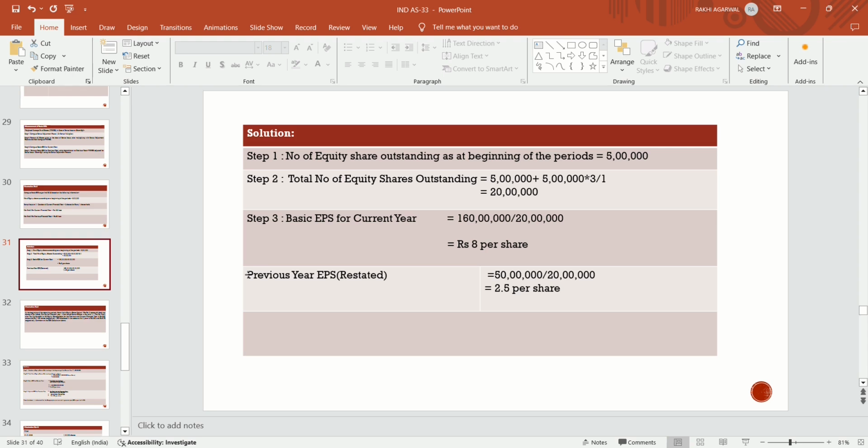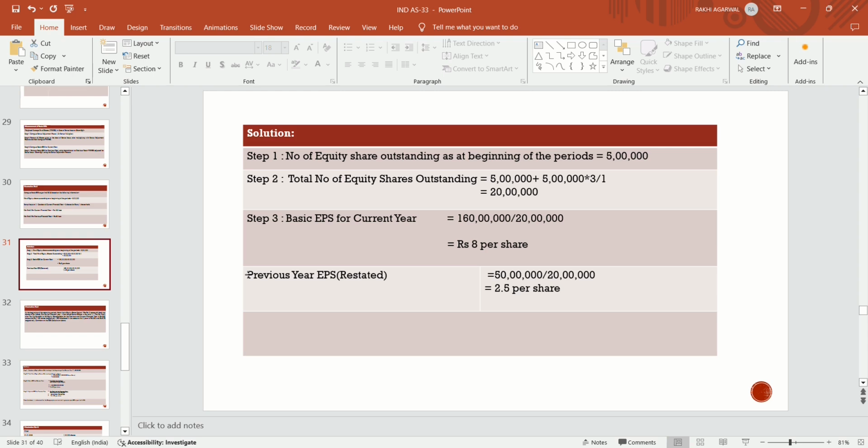Because the shares are already outstanding at the beginning of the period, the time factor is 12 by 12 only, and for the bonus also the time factor is 12 by 12, because the bonus is given by the entity to the existing shareholders only. So 160 lakhs divided by 20 lakhs becomes rupees 8 per share.